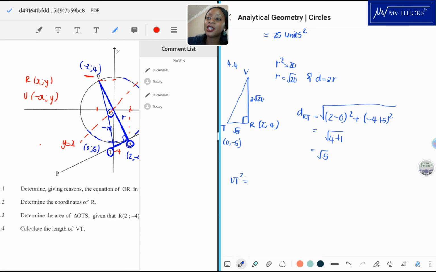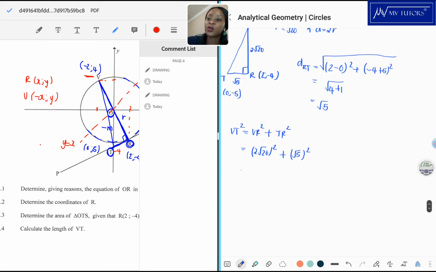Let's just continue. So VT squared is actually equal to VR squared plus TR squared. And what is VR? It is actually 2 root 20. Okay, and then we have TR, which is root 5 squared.